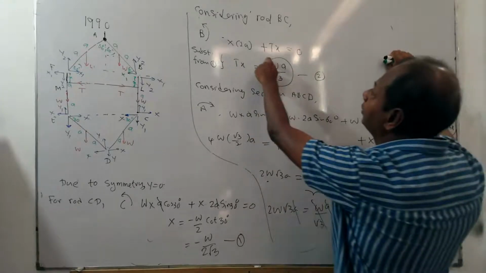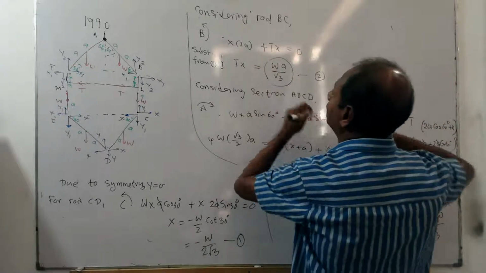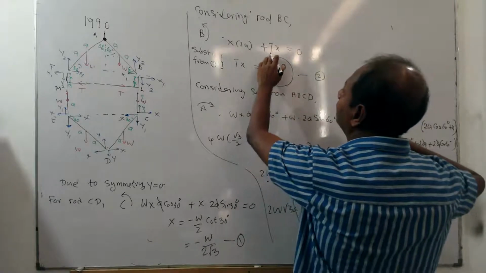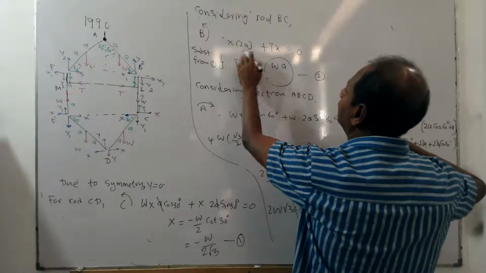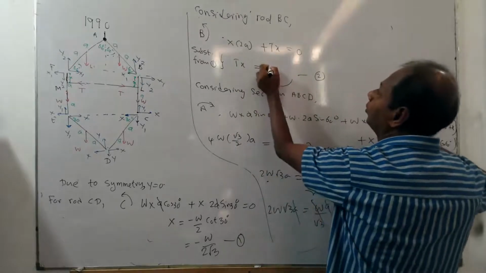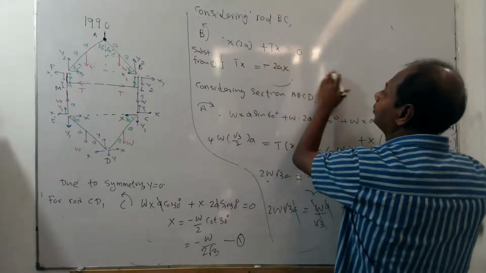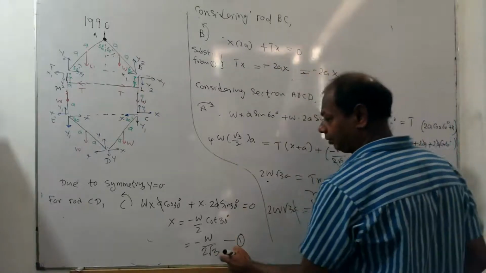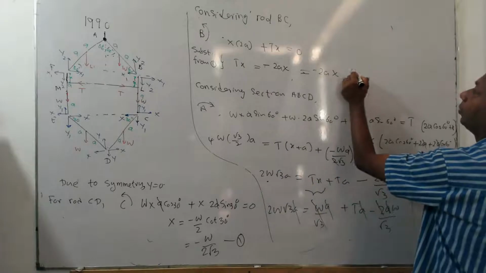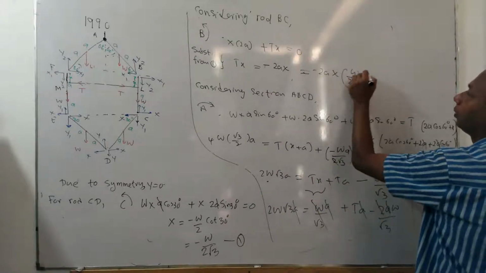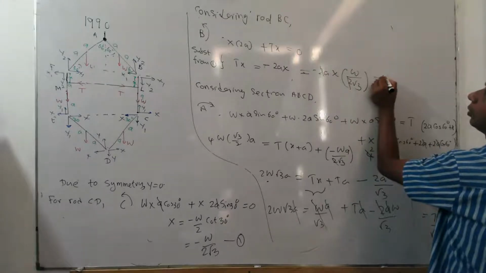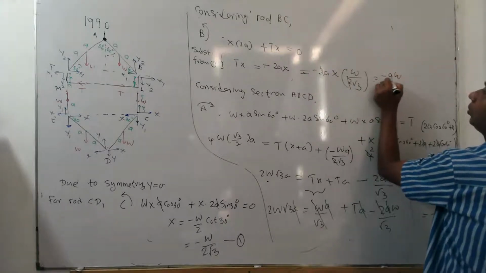Here tx equals, I have written here, tx equals minus 2ax, minus 2a x is this, W to 3, minus AW over 3.